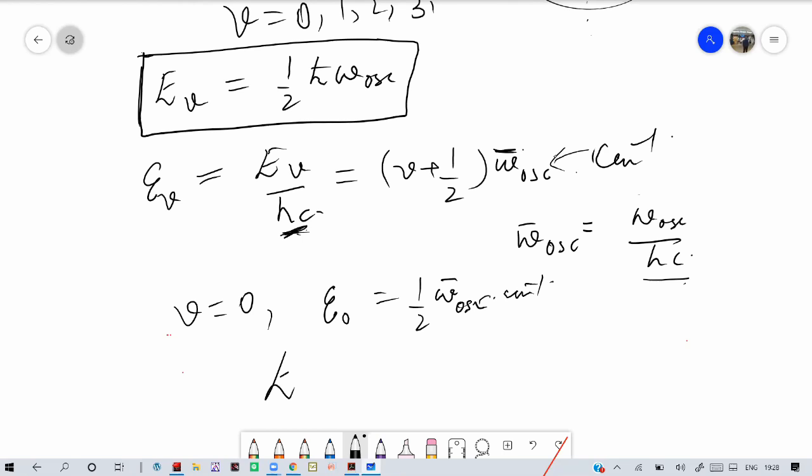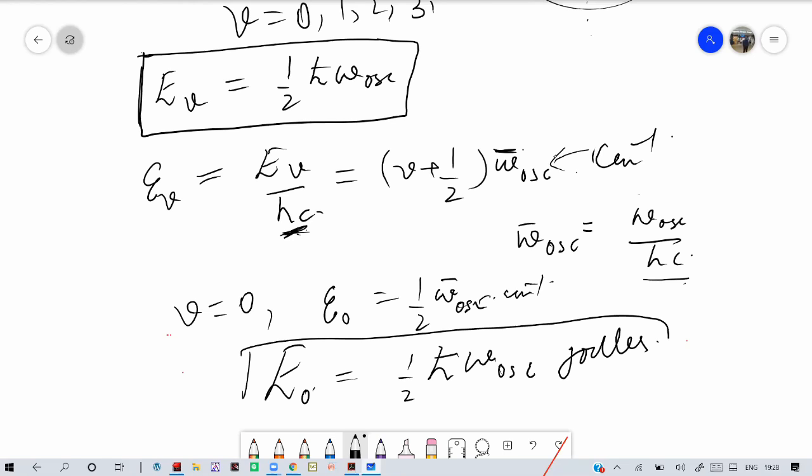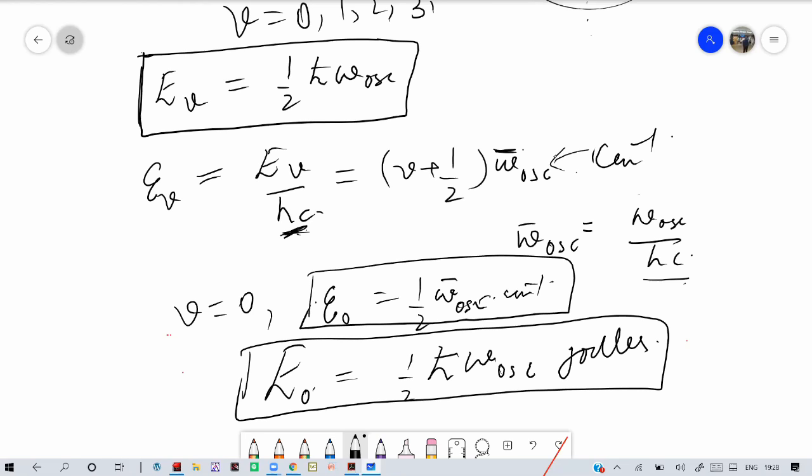And if you want to find energy, E0, that is 1 by 2 h cut omega oscillation. This is in joules. So there's a difference between these two expressions. In one case omega is in centimeter inverse, and here omega is in joules.